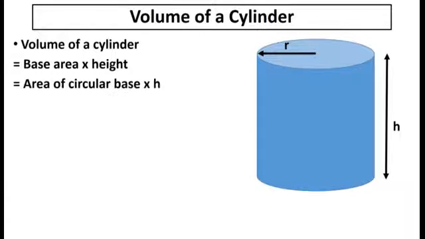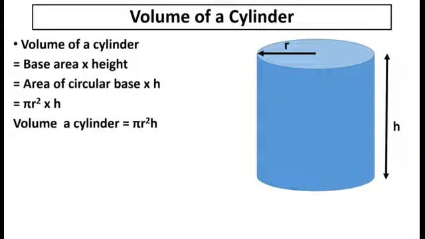For a cylinder, we know the base is circular, so area of circular base into height. The circular base area can be written as pi r square. So this becomes pi r square into h. So volume of a cylinder is given by pi r square h.